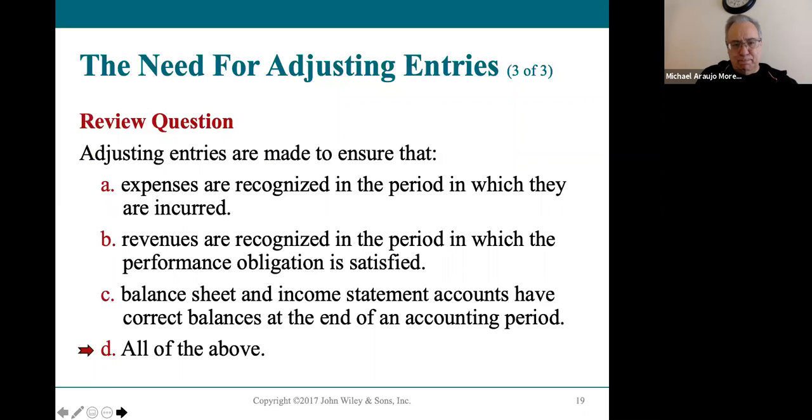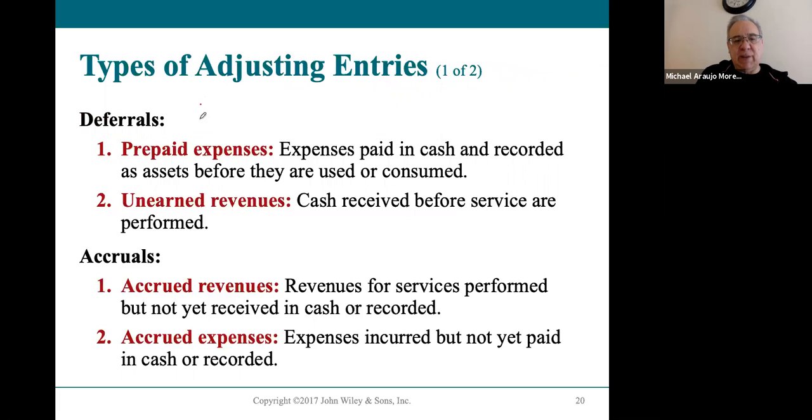Okay. So what we're going to be doing next time in Learning Objective 2, we're going to be learning about these adjusting entries called deferred adjusting entries or deferrals. And deferrals basically are assets that once we use them, we expense. Okay. So we bought a bunch of supplies.